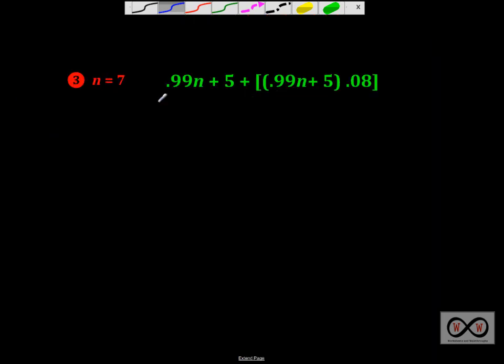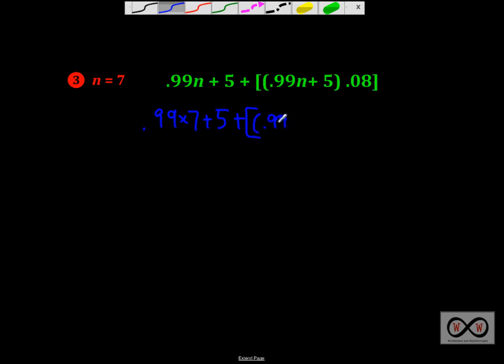All right, moving on. We'll go on to problem number 3. Our value of n is 7. So we can now write 99 times 7 plus 5. Notice I'm just inserting 7 for our variable n.